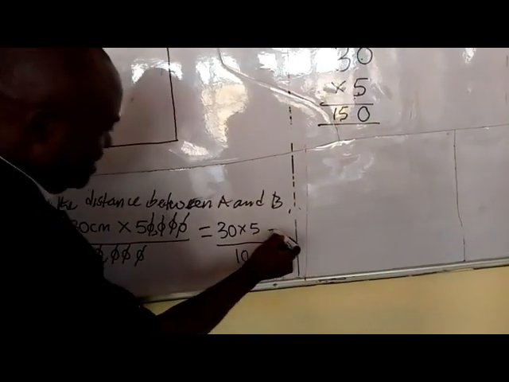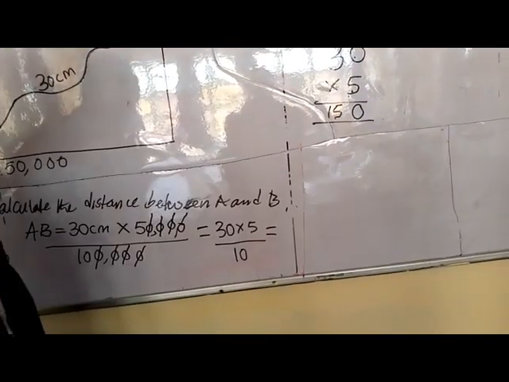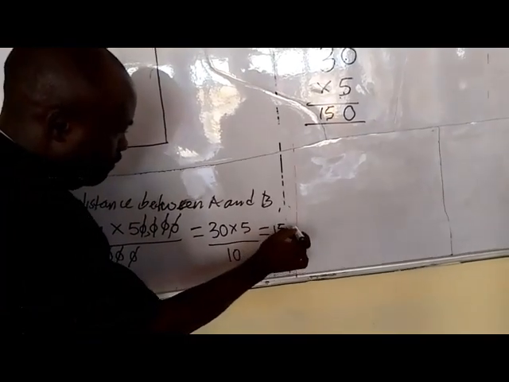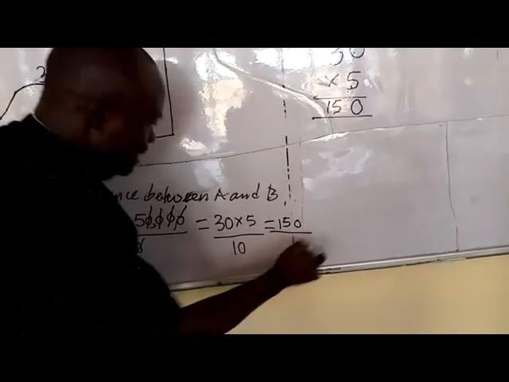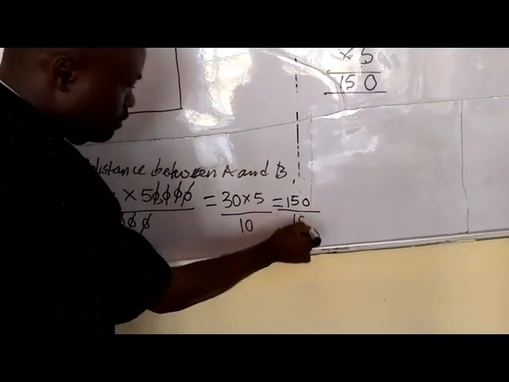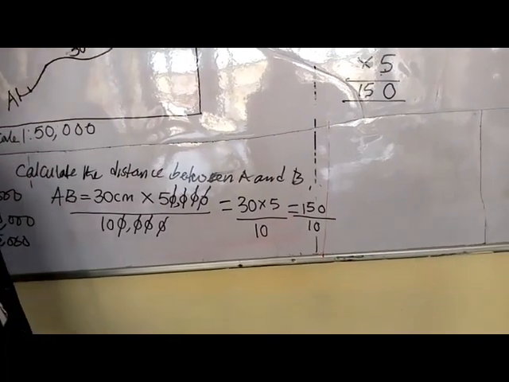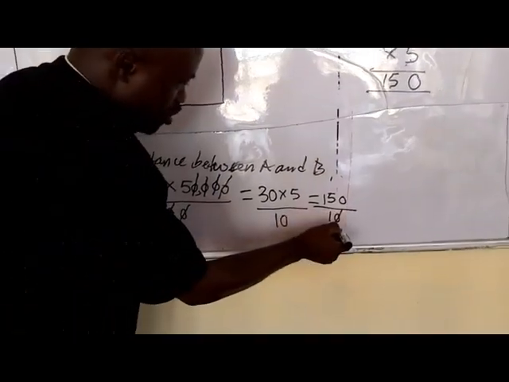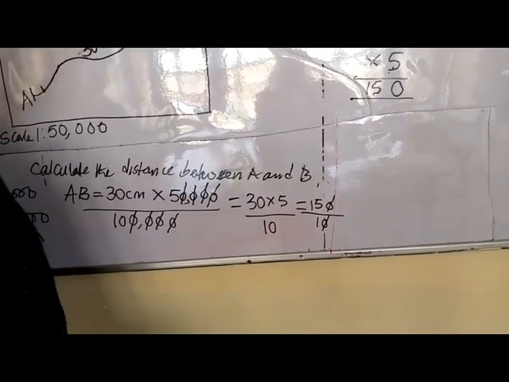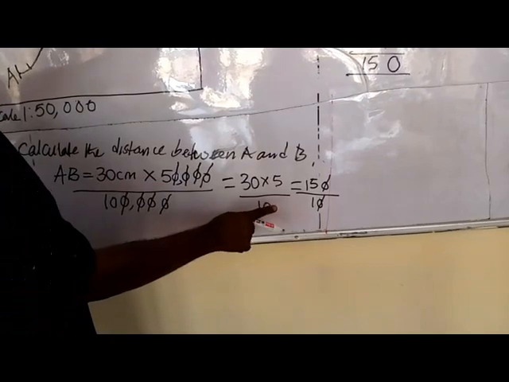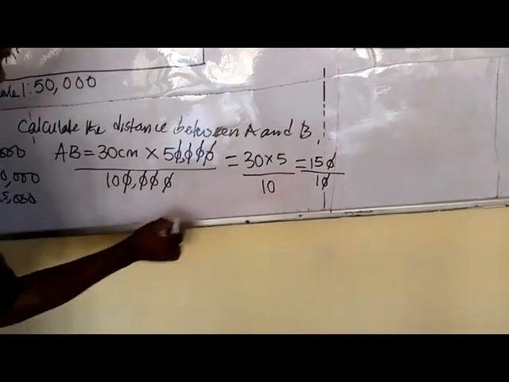Now, this 150 is going to be our value. While this 10 will come further here. Good. So now, we still do the same cross multiplication. 0 cancels 0. Now, if I have to go by that, we are going to be left with what? 1 all over what? 15.